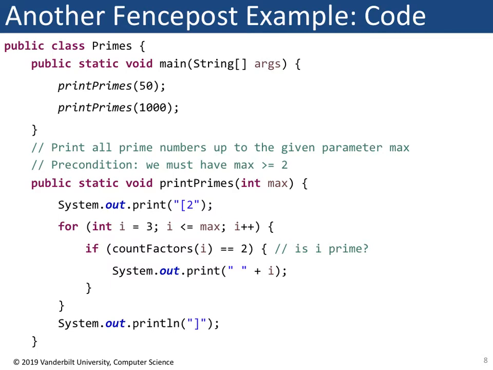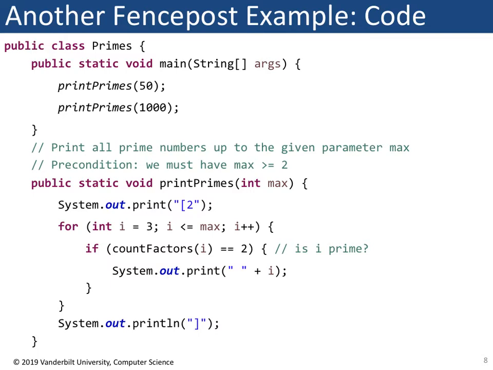So we return the number of factors in 3. Is that number of factors equal to 2? Yes, the number of factors in 3 is equal to 2. So we would print out space 3. So now we have bracket 2 space 3.